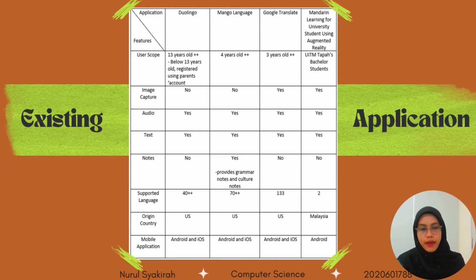So for the mobile application platform, the three applications, Duolingo, Mango Language, and Google Translate, are on Android and iOS platforms. But this Mandarin learning app for university students using augmented reality will only be implemented on the Android platform.